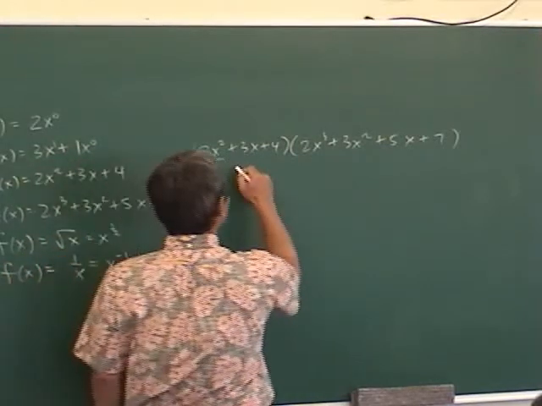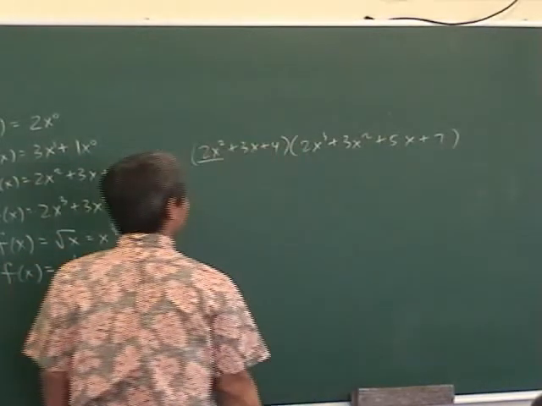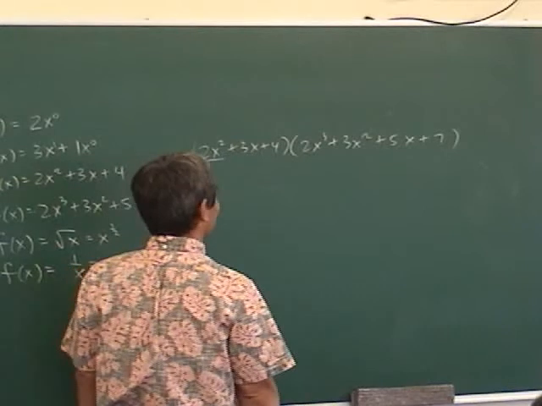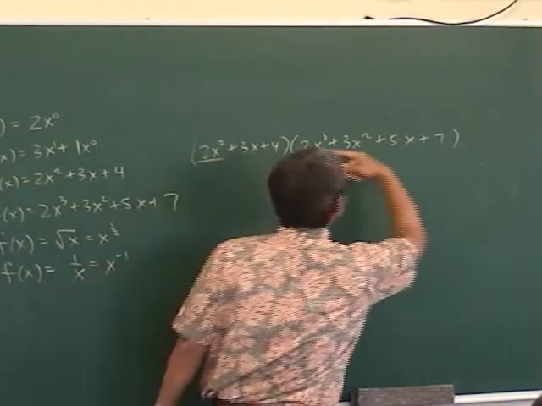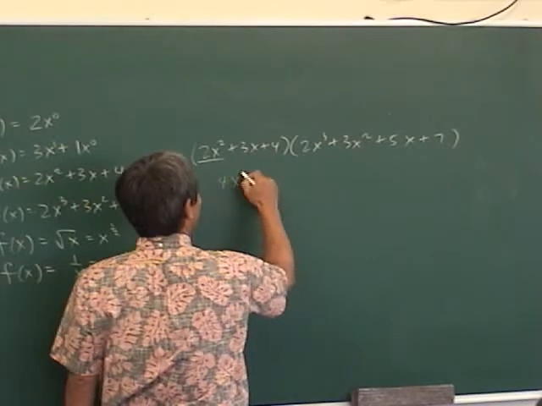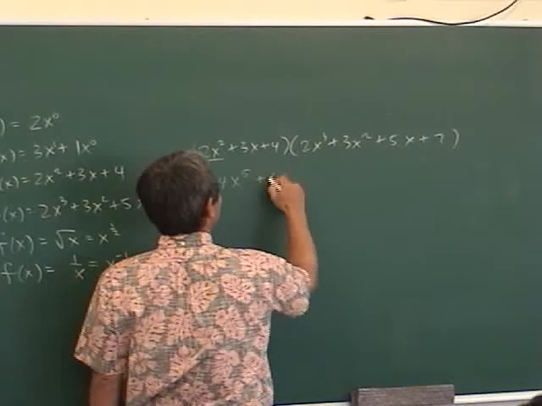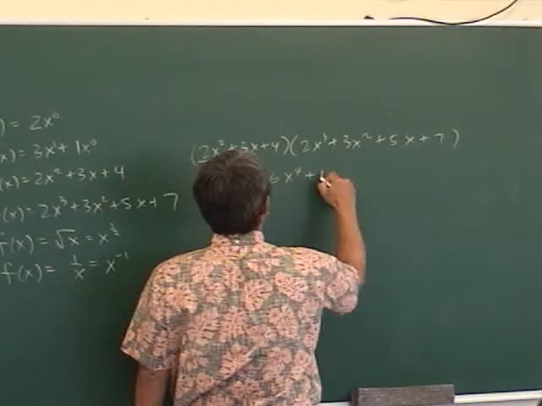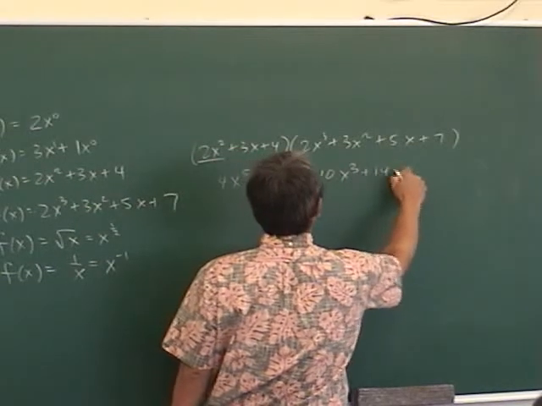So you take the first term and you distribute it. 4x to the 5th plus 6x to the 4th plus 10x cubed plus 14x squared.